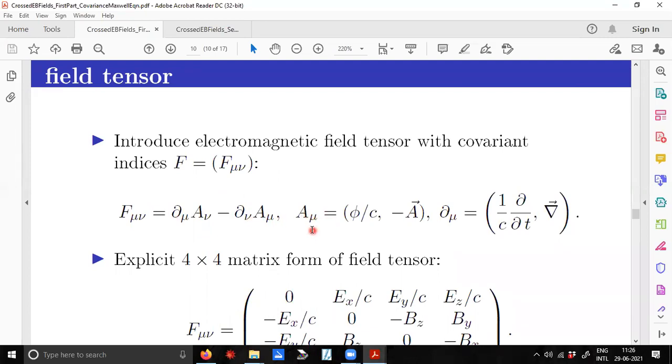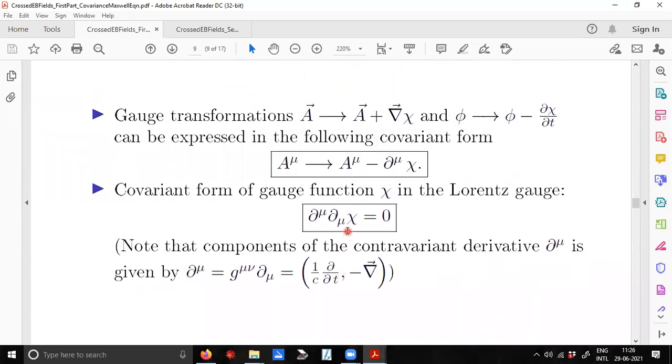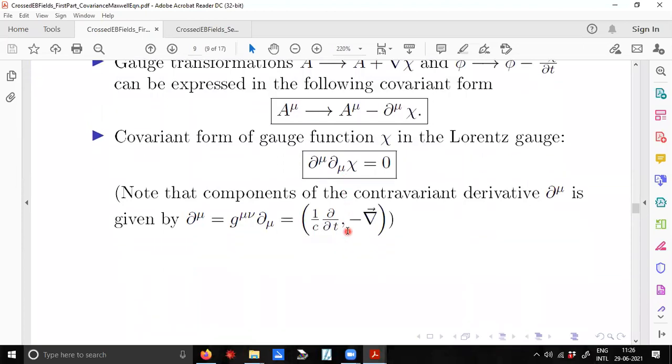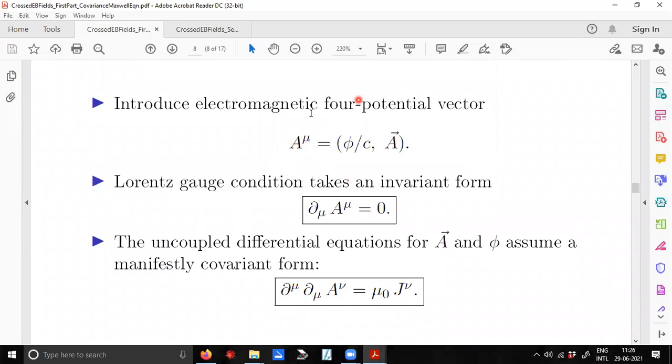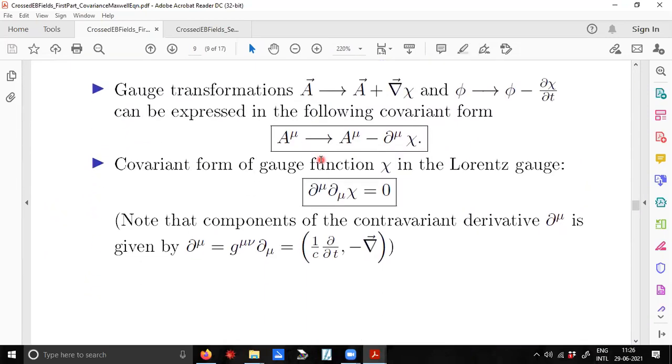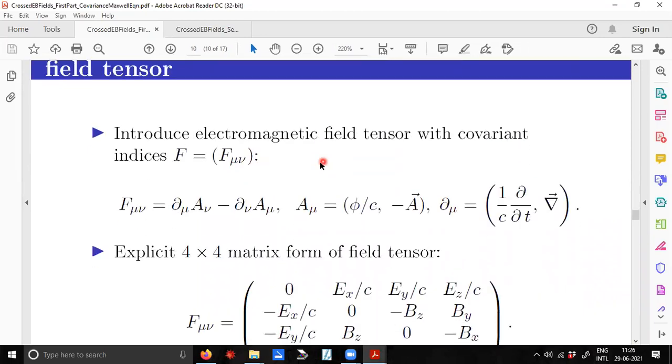What is A_μ? Covariant component. I have already defined A_μ here. A_μ down is known to you then. So if one is given, you can determine the other. So A_μ is φ/c, the same component for time, but the space component is changing sign.